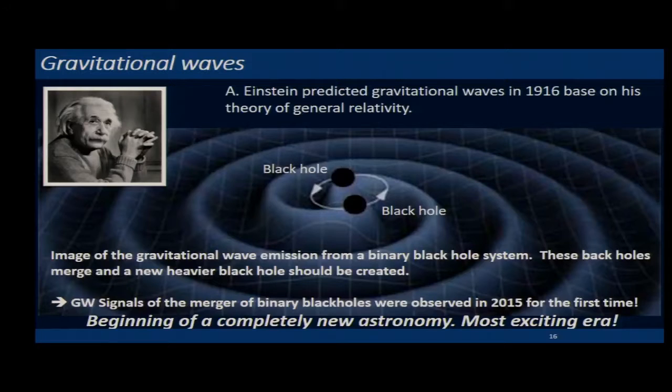And in fact, gravitational wave signals of the merger of binary black holes were discovered in 2015 for the first time by the LIGO and Virgo collaborations. So we are in an extremely interesting era. It is the beginning of a completely new astronomy.